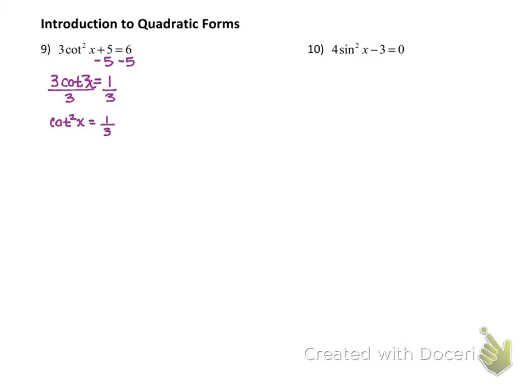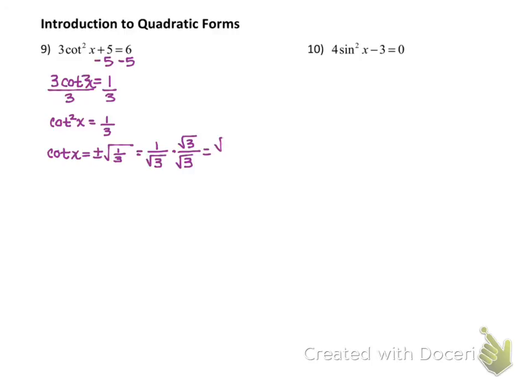So we need cotangent, so we're going to take the square root. So that means that cotangent alone equals plus or minus the square root of 1/3. So we do need to rationalize this because of the square root of 1 over the square root of 3, we can't have that root in the denominator. So when we multiply by root 3 over root 3, we're left with root 3. Oh, you know what?